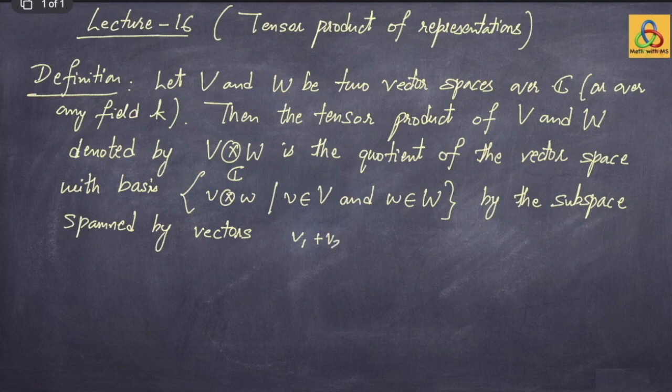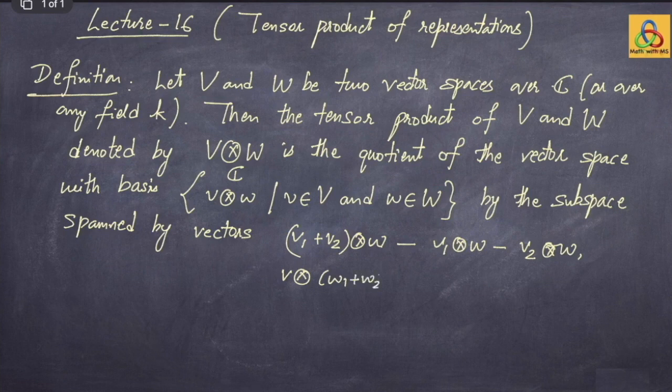So consider v1 plus v2. This is a vector in V, and then consider this symbol (v1 plus v2) tensor w. And from that you subtract v1 tensor w minus v2 tensor w.